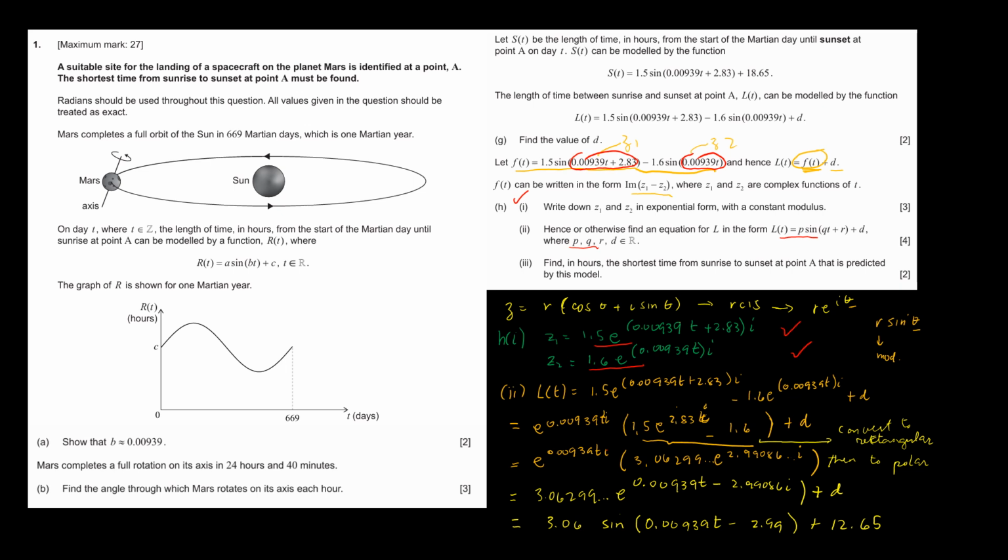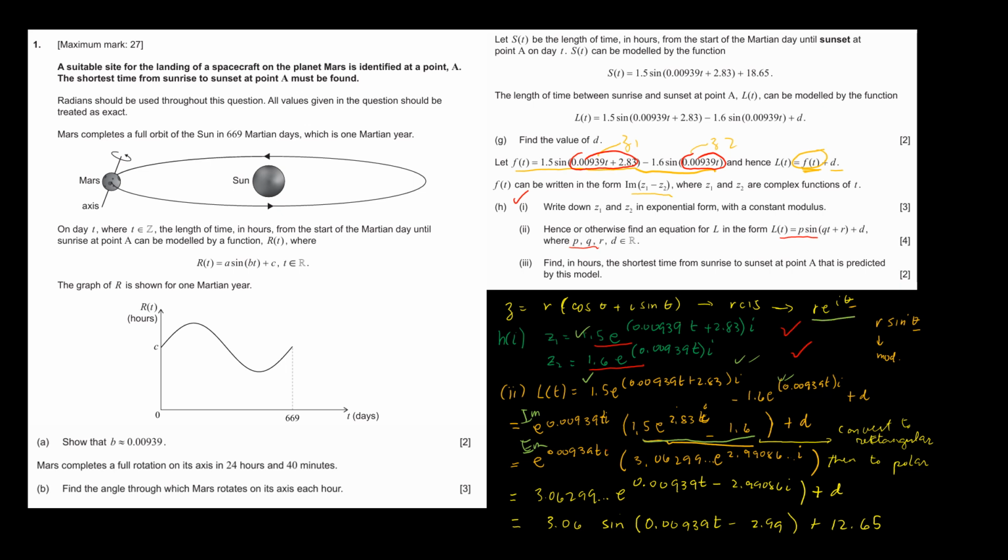Okay, so I think I have forgotten to write imaginary here of the whole thing. So this part and this one, plus d. We can factor out e to the 0.0093 ti, and then we will have this in the parentheses plus d. Let's just put the d later on.